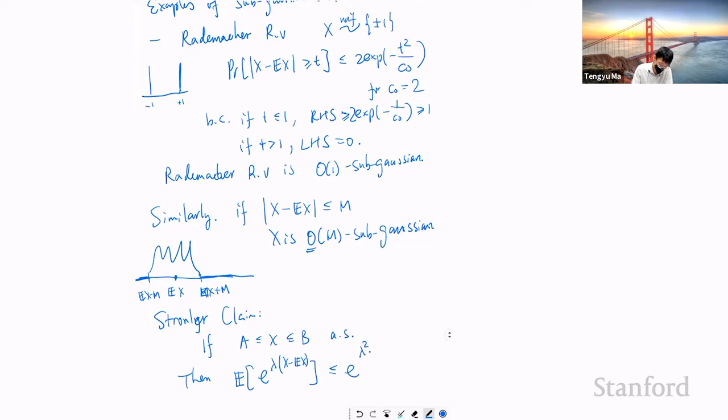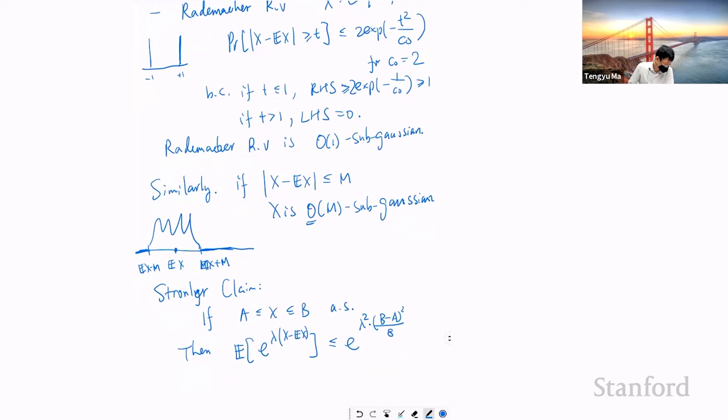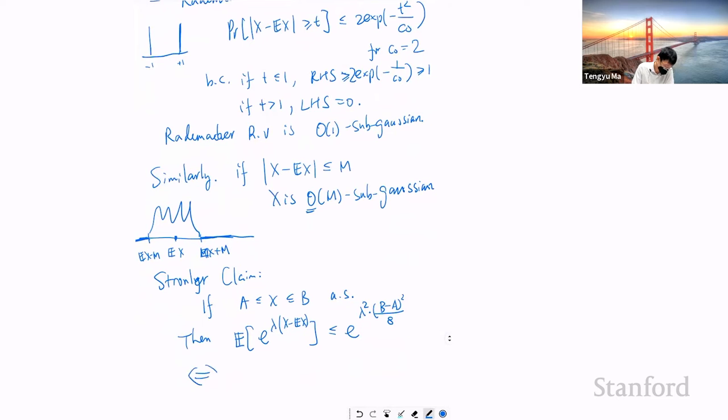You want the quadratic in lambda in the exponent, and you care about the constant because the constant is the variance proxy. You can prove that this constant is (b minus a) squared over 8. And this is saying that X is sub-Gaussian with variance proxy (b minus a) over 2, squared.